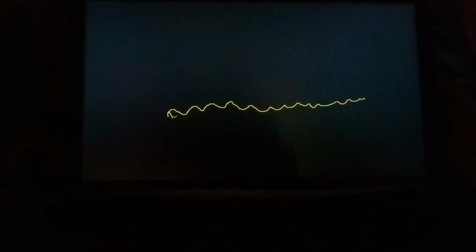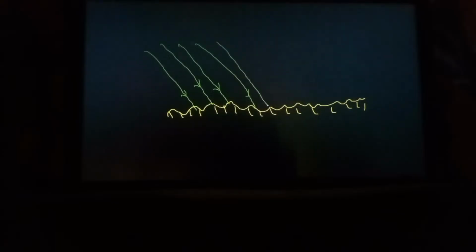The incident beam is parallel, but the reflected beam is not parallel.